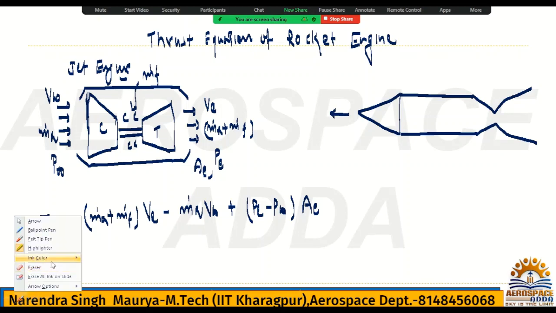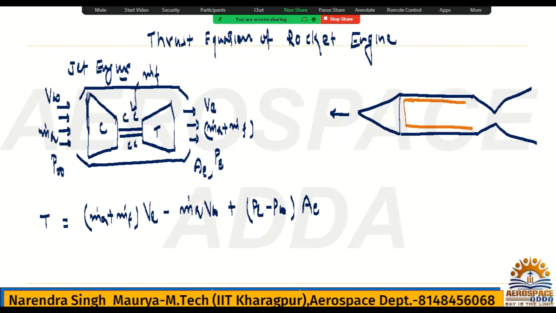Now definitely here we have the propellant system and all. I am just drawing the solid one only. So we have an exit velocity and exit pressure also.